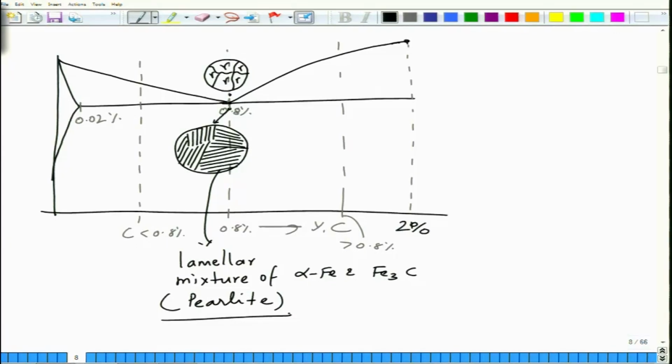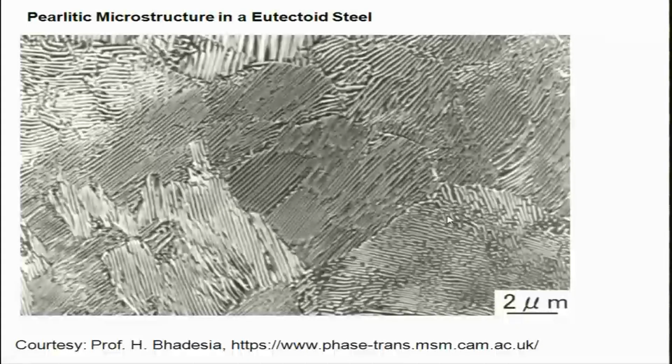The microstructure in reality, as I showed last time, looks something like this. So this is what the pearlitic microstructure looks like. You can see these are the plates here, alternating plates of alpha Fe and Fe3C. Thicker plates will be alpha Fe and thinner plates will be cementite. And you can see that you have colonies.